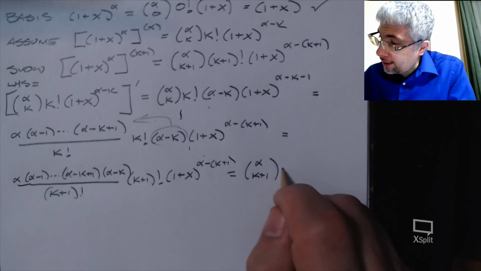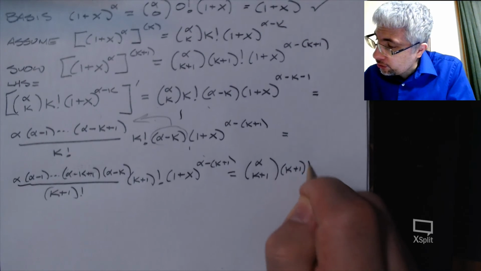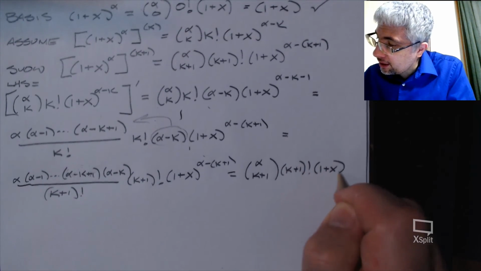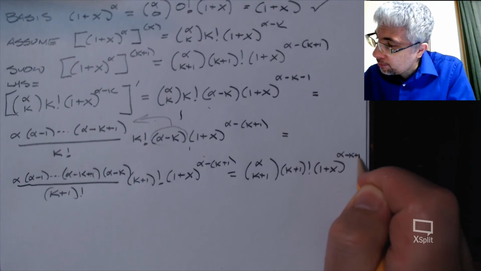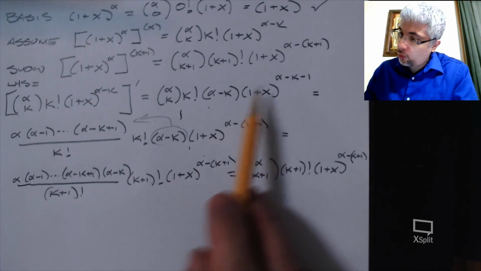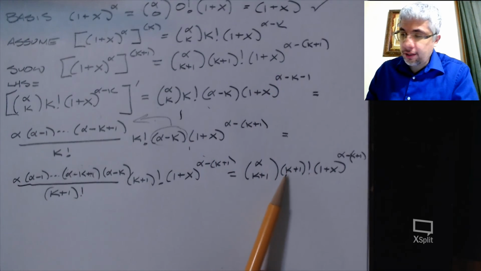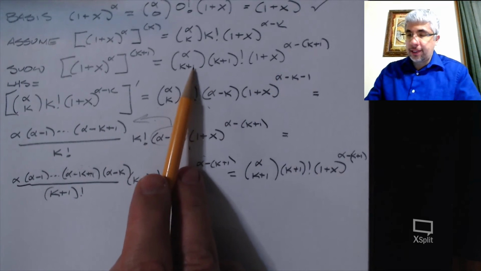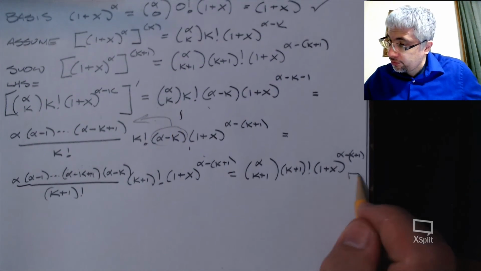And now what do I have? I have a k plus 1 factorial and a 1 plus x to the alpha minus k plus 1 in parentheses. And that's exactly what I wanted to get. Right here, this matches perfectly. So that's our induction proof.